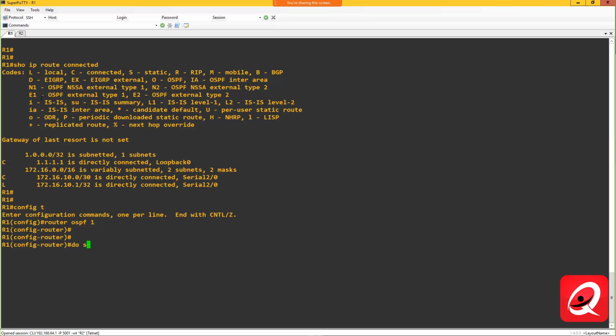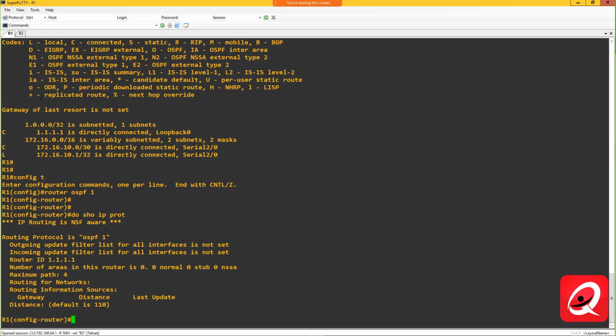As soon as I do that, if I do a show ip protocols, I can see that OSPF has started the process and we've elected our router ID for the process based on our loopback interface. Remember, that router ID selection process: it's either manually configured. If it's not manually configured, we select the highest IP address on a loopback, and if we don't have any loopbacks, the highest IP address on a physical interface.